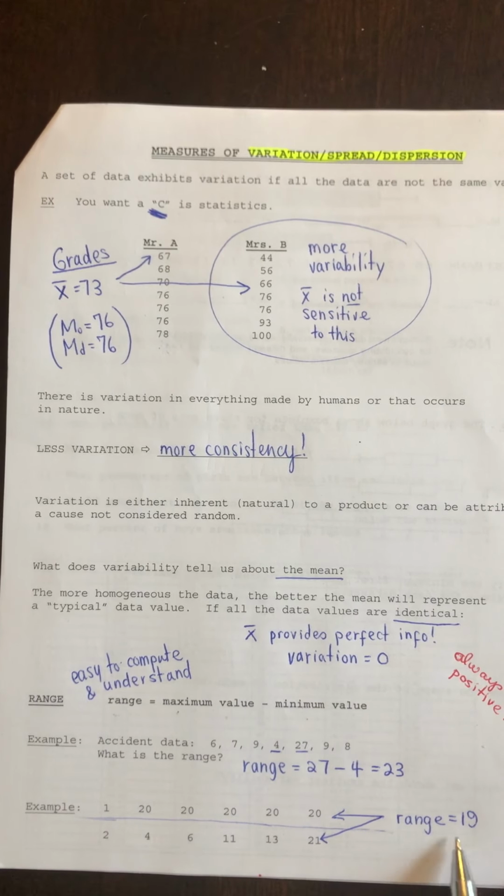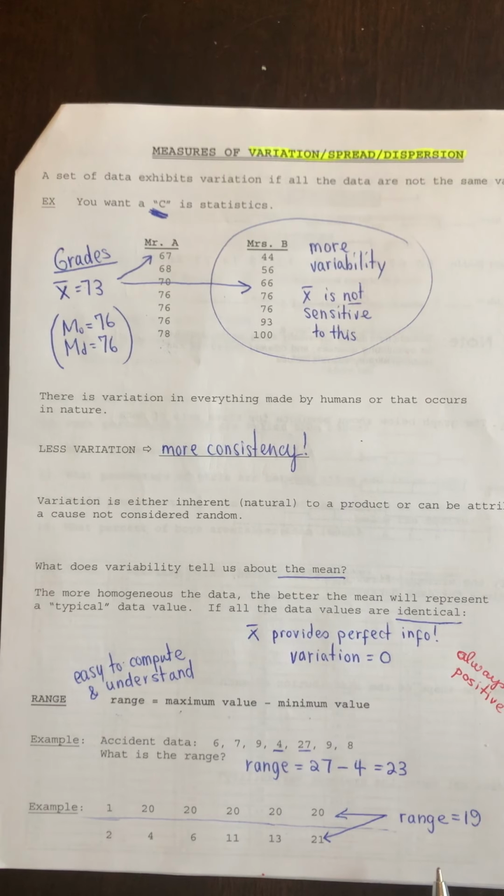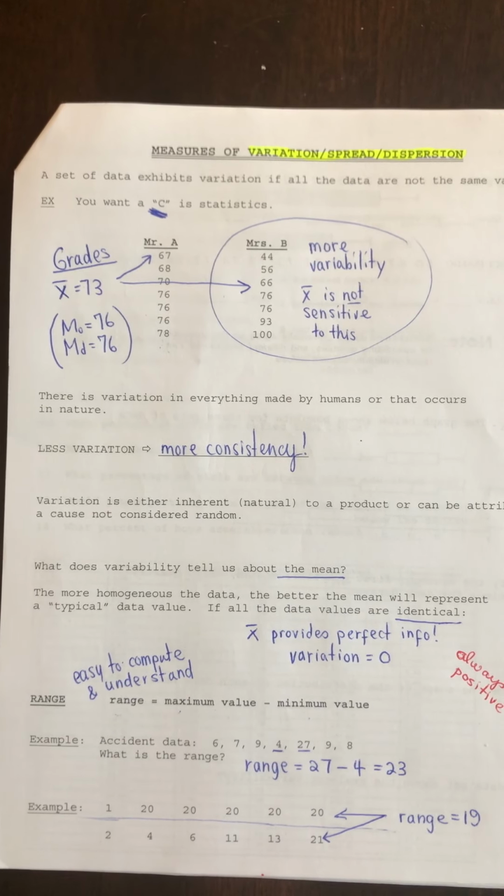So according to the range, there is very little difference between these 2 data sets, when clearly that's incorrect, right? There definitely is a difference in variation here. So the range is doing a very horrible job of distinguishing between these 2.